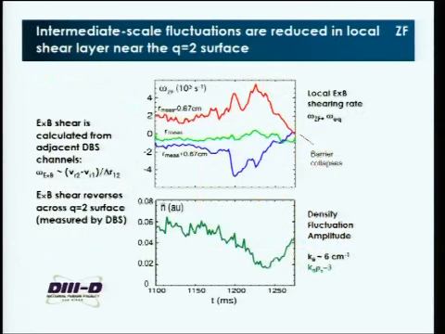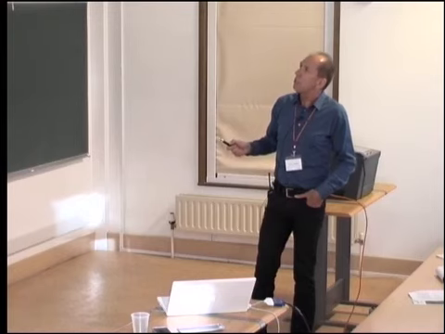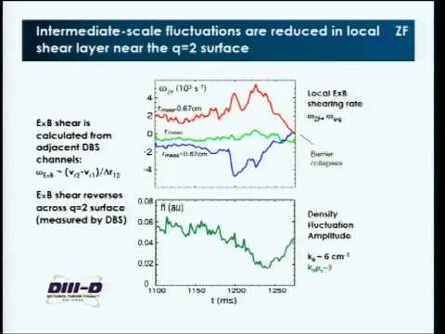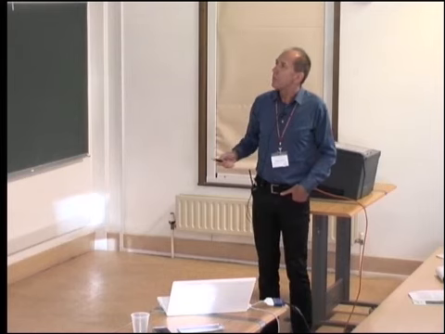When you take adjacent velocity measurements and divide by the distance between the channels, you can establish the local shearing rate. Near the bottom of the electric field well there's not much shear, but on the outer channels there's opposite shear, negative and positive. And in time, at some point the barrier actually collapses altogether.